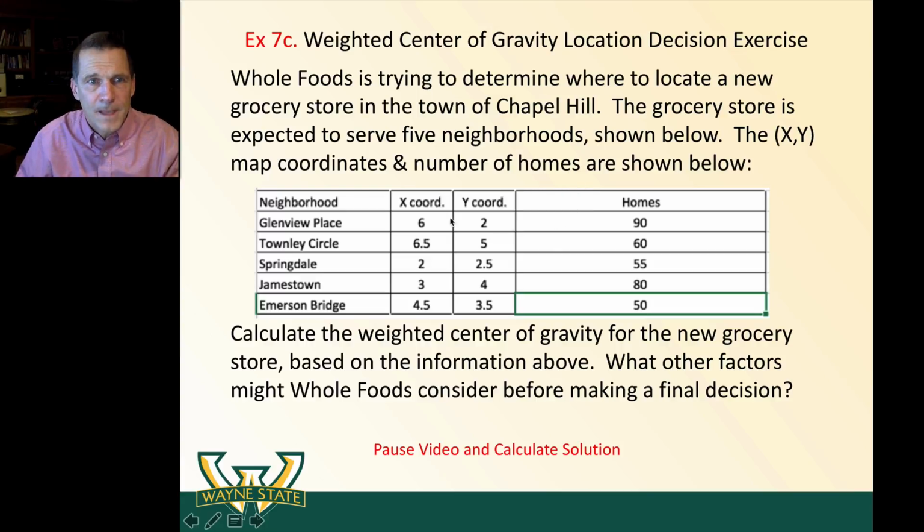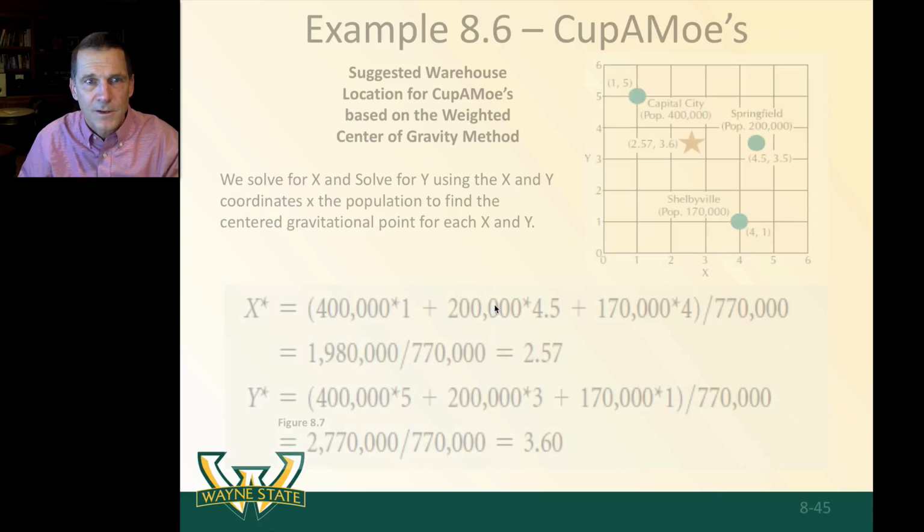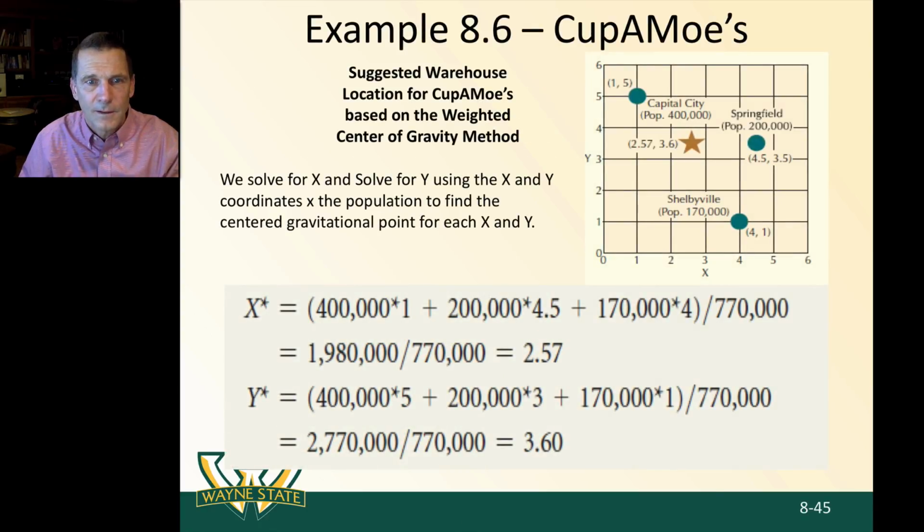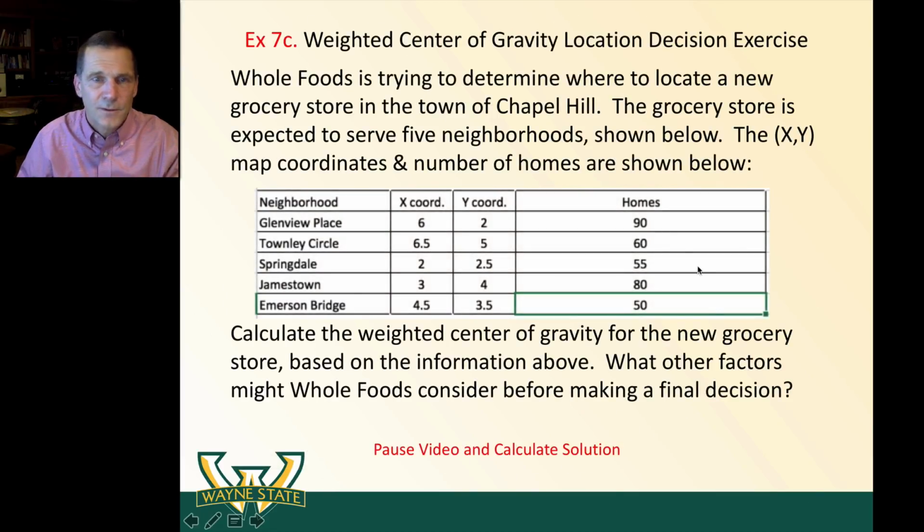Where should we locate? So we have the X and Y coordinates, and we've got the weighting factor. What you should do is pause the video, apply the same mathematics as we learned in this first example to this second model, do your calculations, and then when you're done, click the video back on and go to the last screen and hopefully confirm that you got it correct.